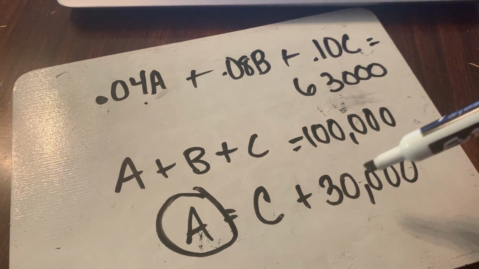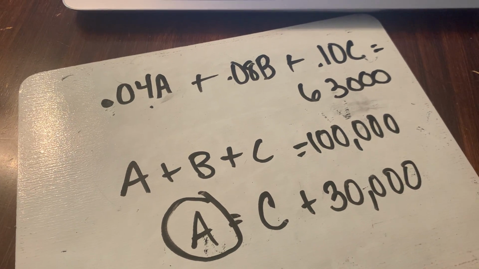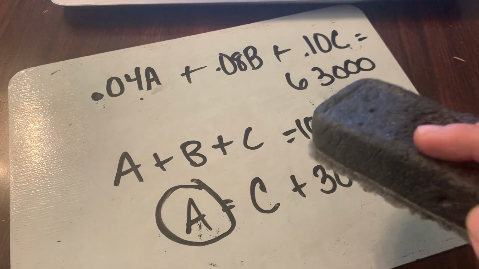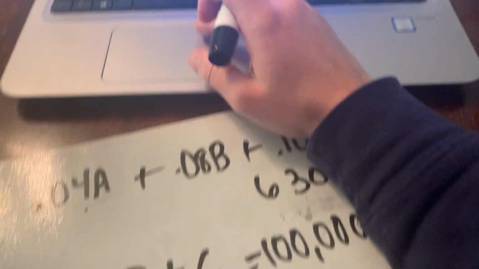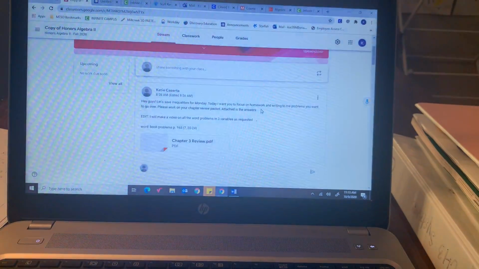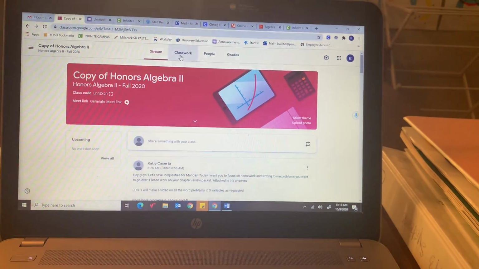To see all that math, go to the classwork section in chapter 3, part 1, and I have a whole sheet with all the work on this. So here, I'll show you what it looks like. Go to classwork.